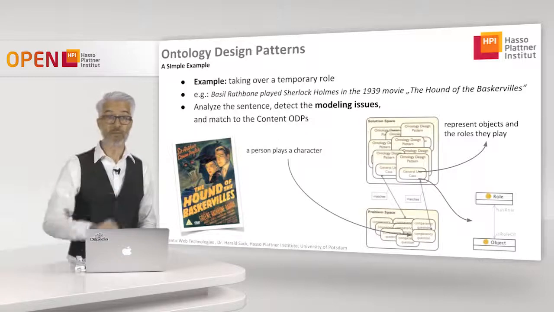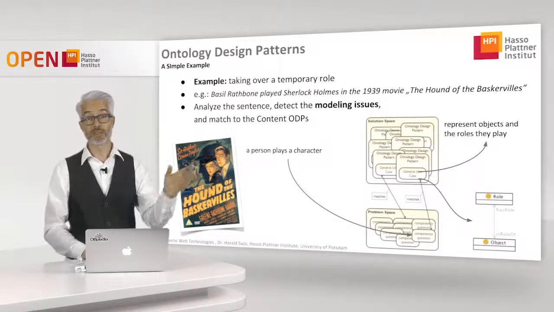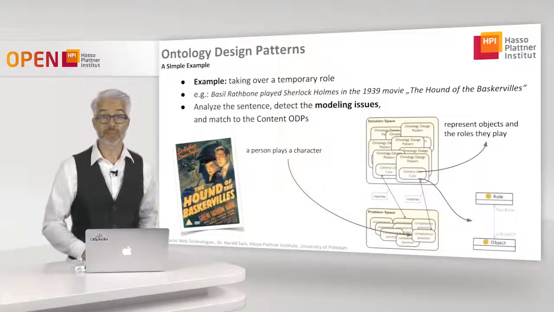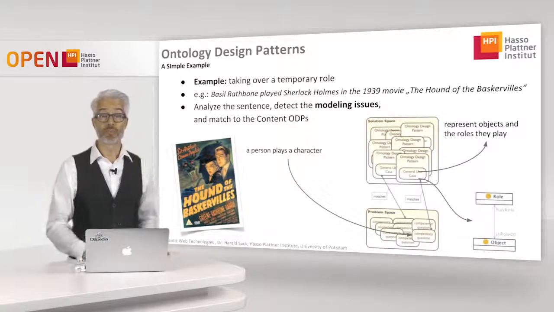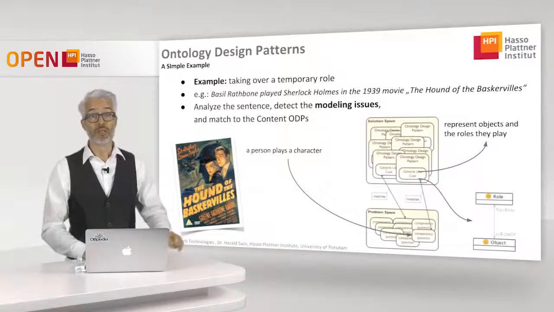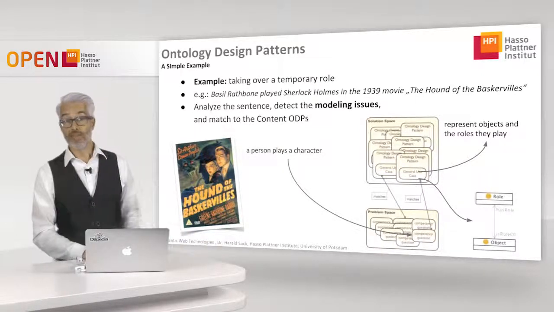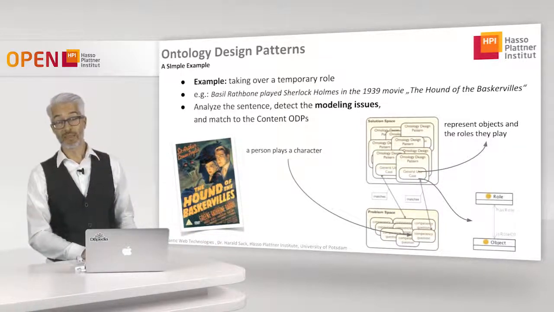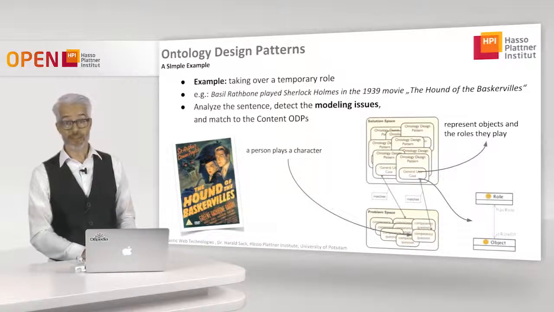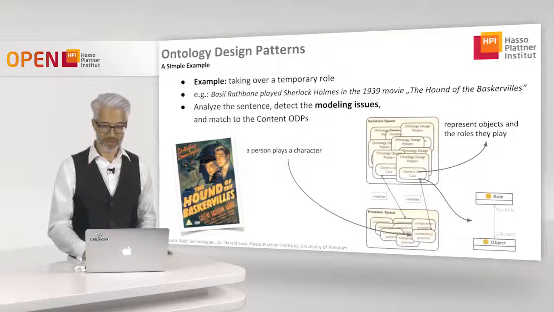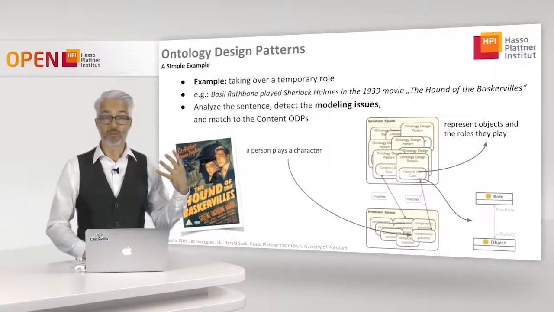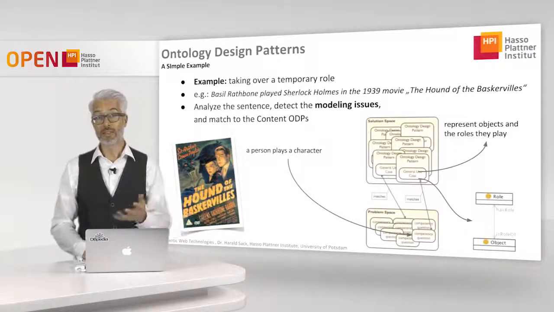This is the upper part of this repository. And in between you see these connections, these links, which connect ontology design patterns to the appropriate competency questions. So you try to find the right competency question, and this competency question usually suggests one, sometimes also different, ontology design patterns. And then you can select which to choose.